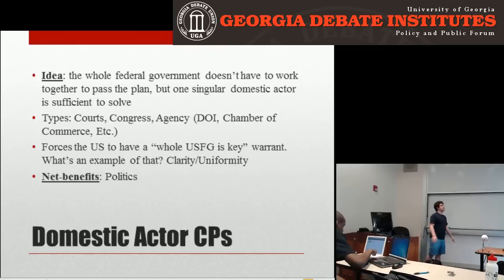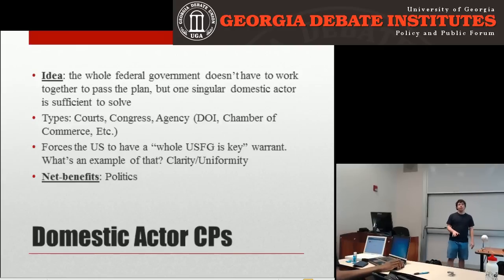Okay, so the next set of counterplans is one very similar to international actor counterplans, and it's just a domestic actor counterplan. So as you see, the resolution says United States federal government, the plan says the United States federal government, and one potential counterplan is to say that the whole federal government doesn't have to do the plan, right?